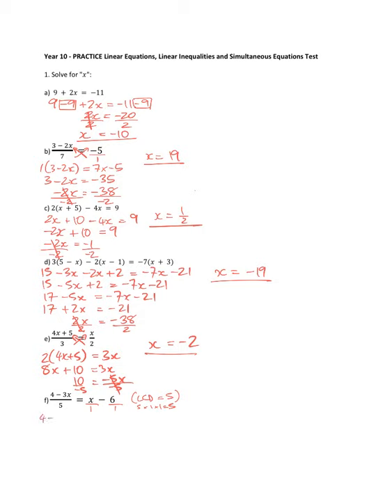The first term on the left hand side is already over 5, so that's fine. To get x over 1 to the same denominator, I need to times it by 5 over 5. And to get 6 with the same denominator, I also need to times it by 5 over 5. You're allowed to times it by 5 over 5 because 5 over 5 is 1. That means you're not changing the question, you're just timesing the terms by 1.